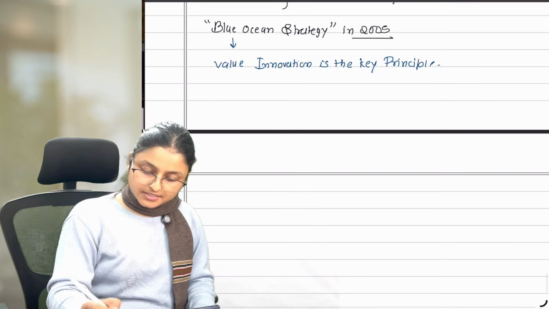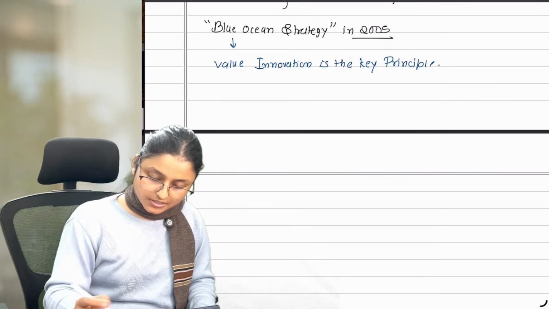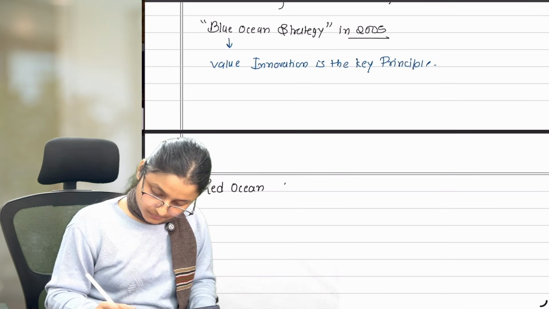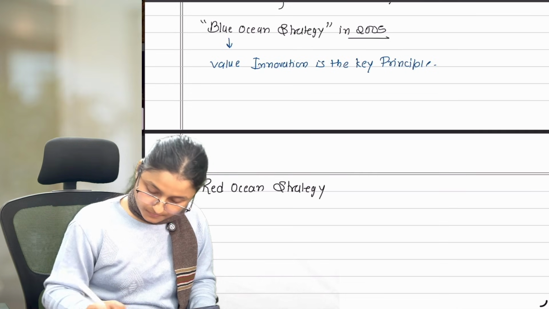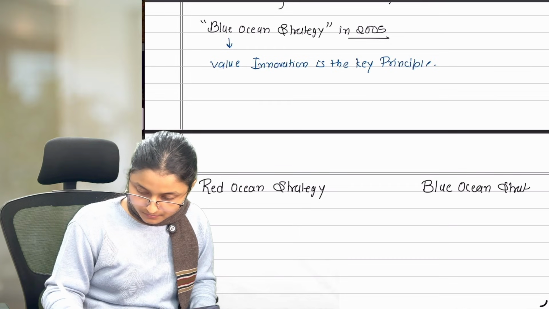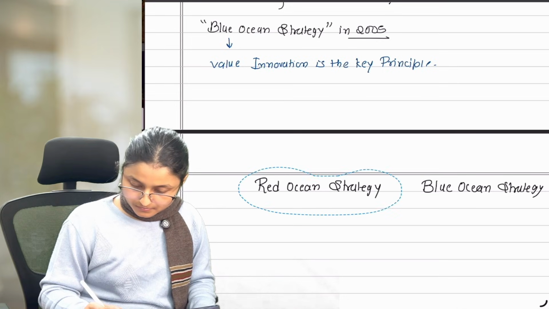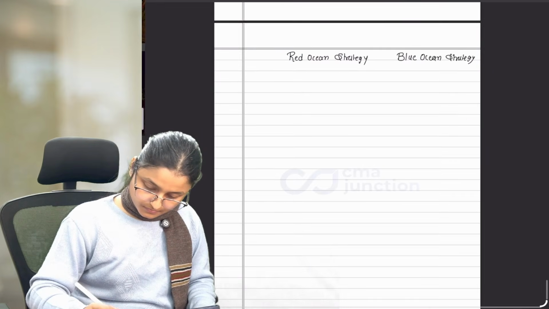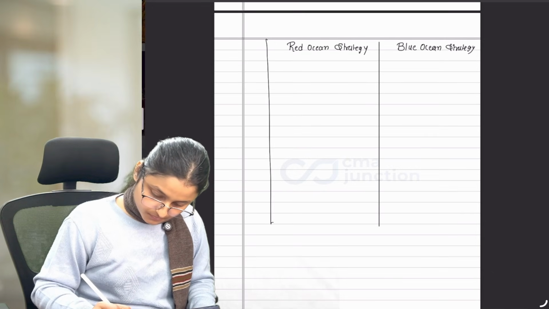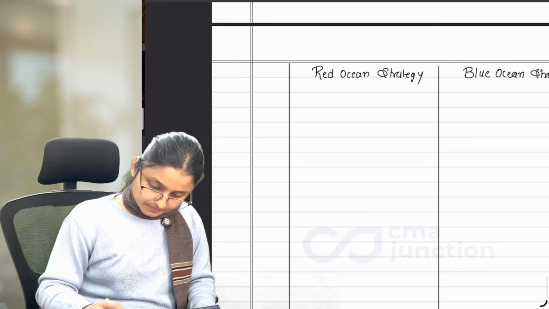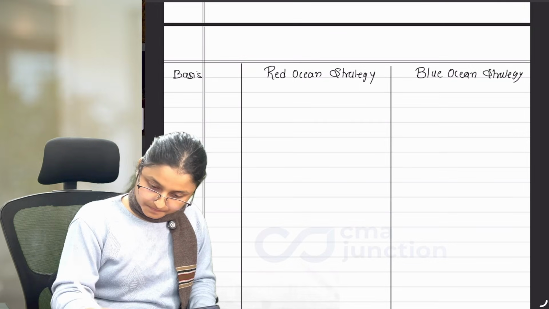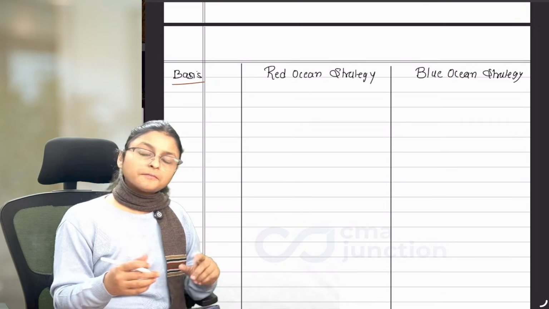Next is the differentiation between Red Ocean and Blue Ocean Strategy. The basis means the basis of differentiation.